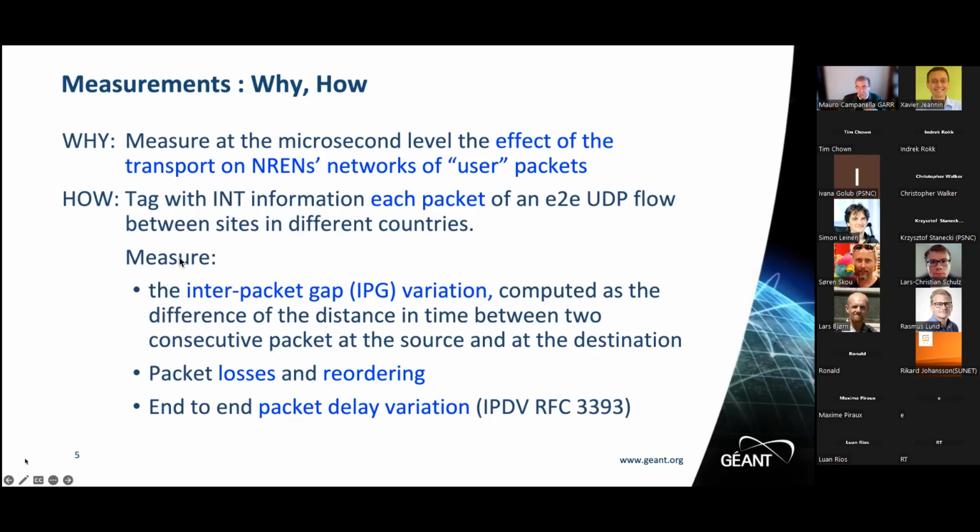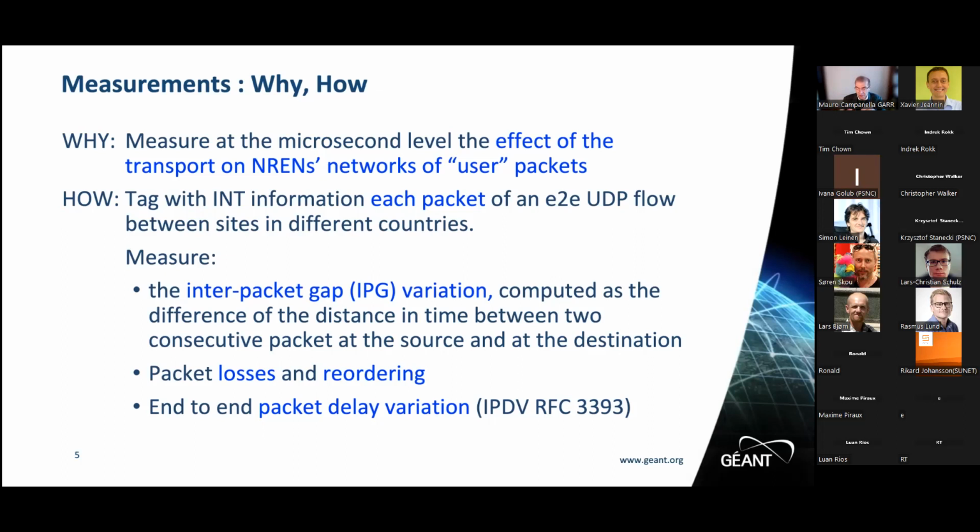What to measure at this point? We wanted to measure the interpacket gap variation. We decided to have a flow with a certain fixed capacity, 10 or 100 meg or even higher, at a constant rate. So in principle, each packet should have exactly the same spacing in time from the packet in front and from the packet that follows.